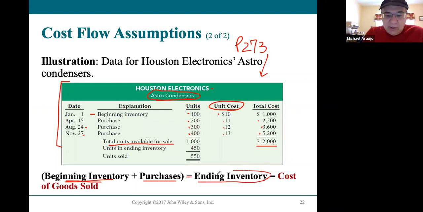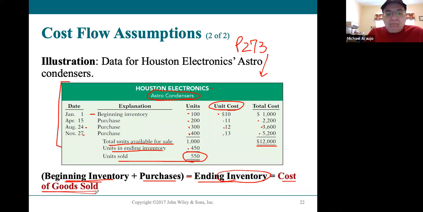Remember, inventory, this is your asset. Well, you look around, you do a physical count, and you have 450 of these units still in the store. You still own them. And so we have to assume that the 550 that are not there have been sold. And that means that whatever was sold will be your cost of goods sold.